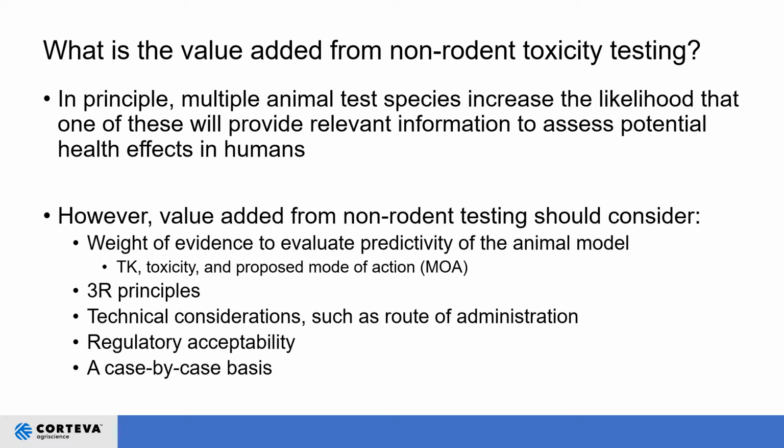However, when we consider the need for non-rodent toxicity testing and the value it provides, we should consider the following: the weight of evidence to evaluate predictivity of the animal model, including endpoints such as TK, toxicity, and proposed mode of action; 3R principles for replacement, refinement, and reduction of animal testing; technical considerations such as route of administration and tolerability; and also regulatory acceptability and considering the overall need for this study on a case-by-case basis.